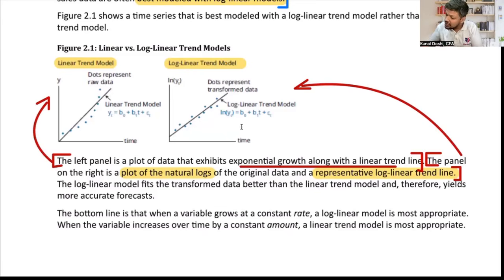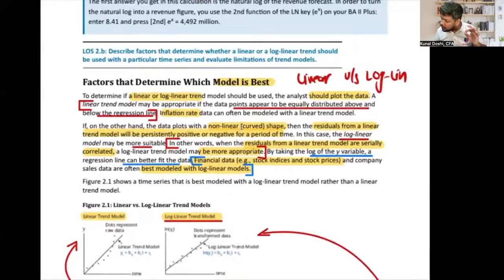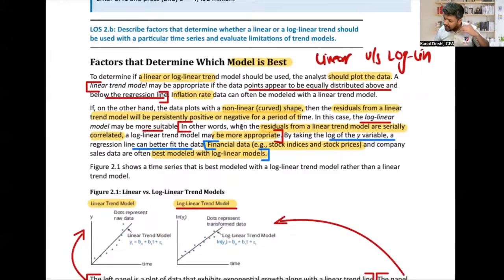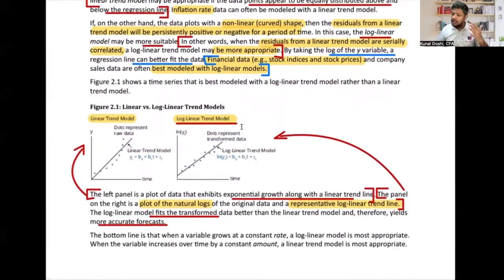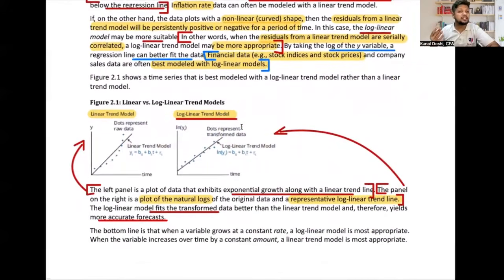In such a case, the log linear model is more fit and accurate. The log linear model fits the transformed data better than the linear trend model, and therefore yields a more accurate forecast. Remember, whenever there is exponential growth, the log linear model will show a much better outcome.